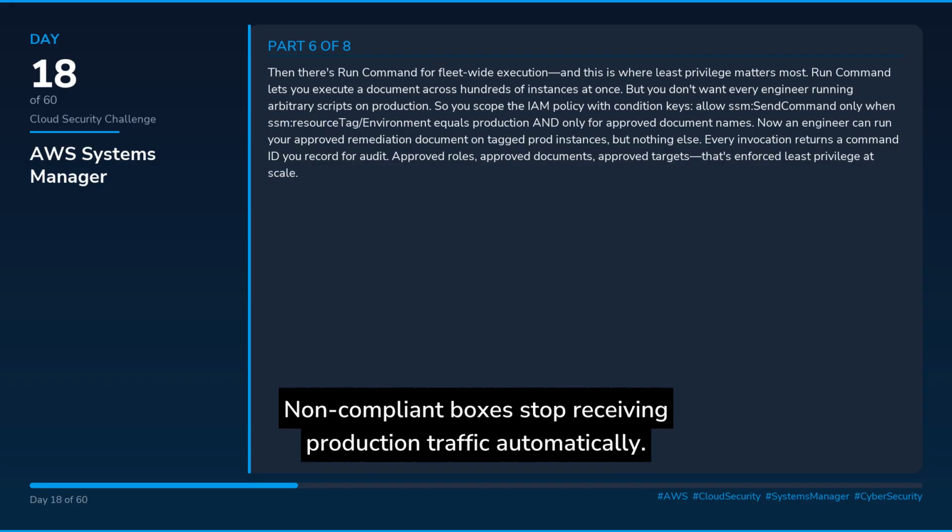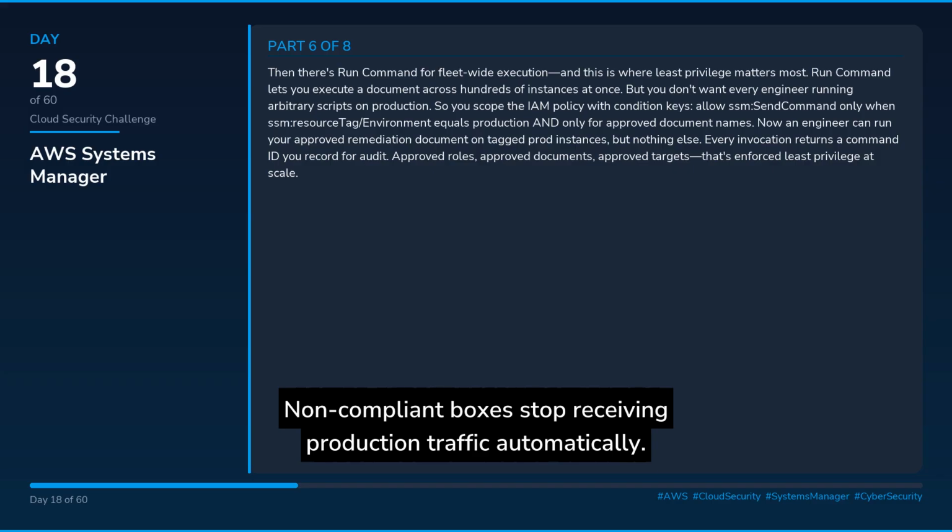Then there's Run Command for fleet-wide execution, and this is where least privilege matters most. Run Command lets you execute a document across hundreds of instances at once. But you don't want every engineer running arbitrary scripts on production. So you scope the IAM policy with condition keys.